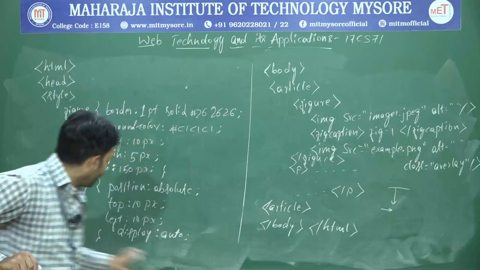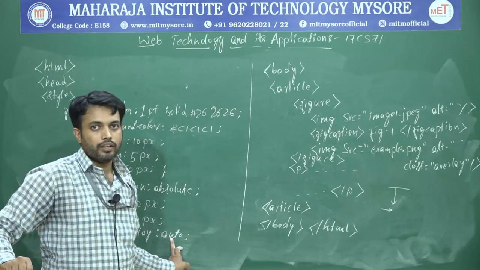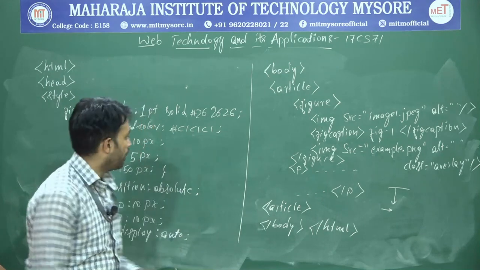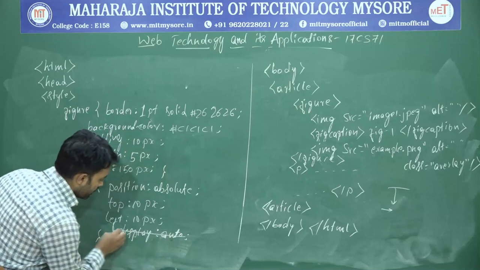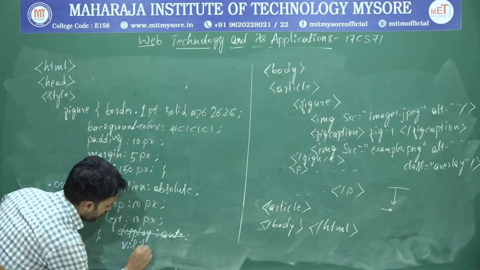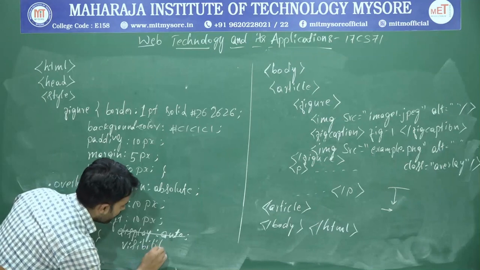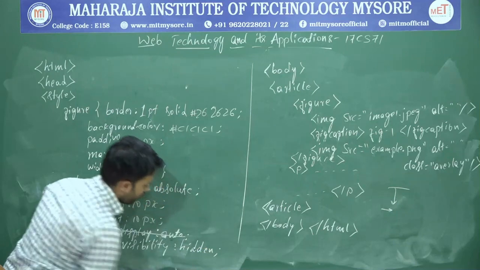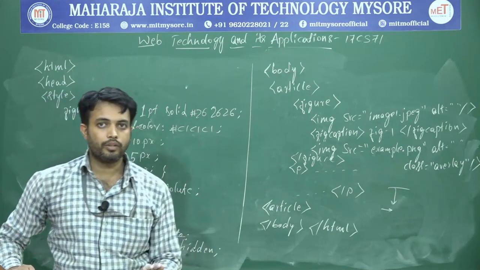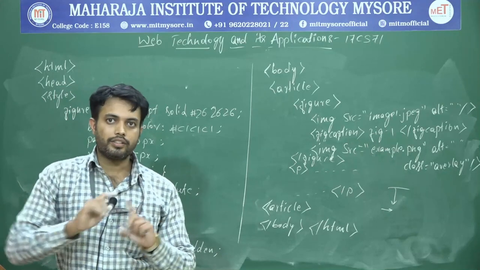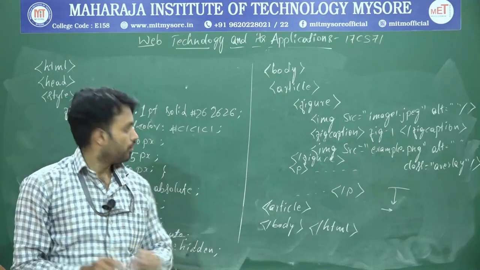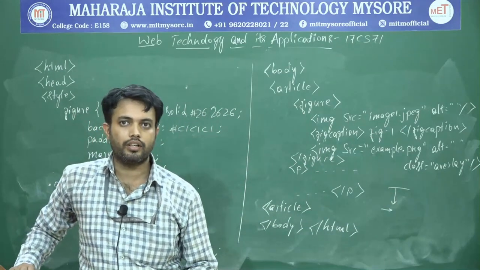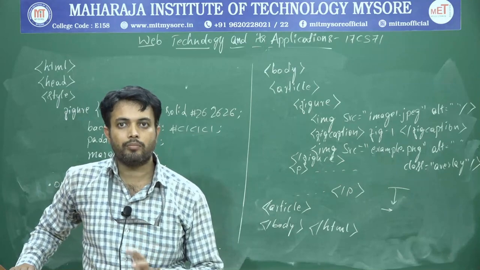For hiding, this is one way to hide, that is display colon none. And again, we also have a property called visibility. Instead of display, we can write visibility colon hidden. That means in place of that it won't display any character. That space is reserved for that figure, but if that figure is not found, you can see that space is left empty.